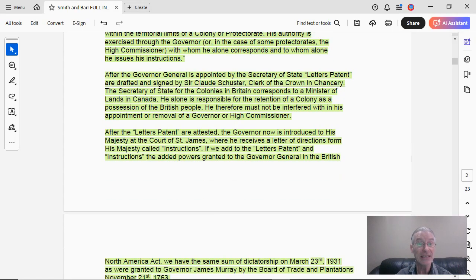After the Governor General is appointed by the Secretary of State, letters patent are drafted and signed by Sir Claude Schuster, Clerk of the Crown in Chancery. The Secretary of State for the colonies in Britain corresponds to a Minister of Lands in Canada. He alone is responsible for the retention of a colony as a possession of the British people. He therefore must not be interfered with in his appointment or removal of a Governor General or High Commissioner.